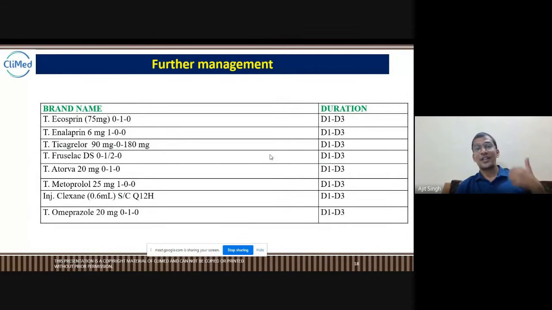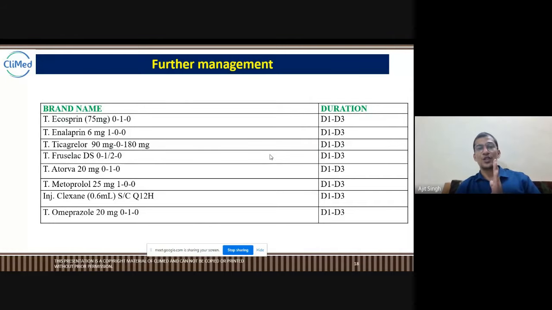So not only dosage form, not only spellings, not only correct name, not only units, not only your dose, not only frequency, but special instructions also you have to look into. Special instructions means, as I'm saying about atorvastatin, it should be given at night. Pantoprazole should be given in the morning, right? These are the medication related errors.